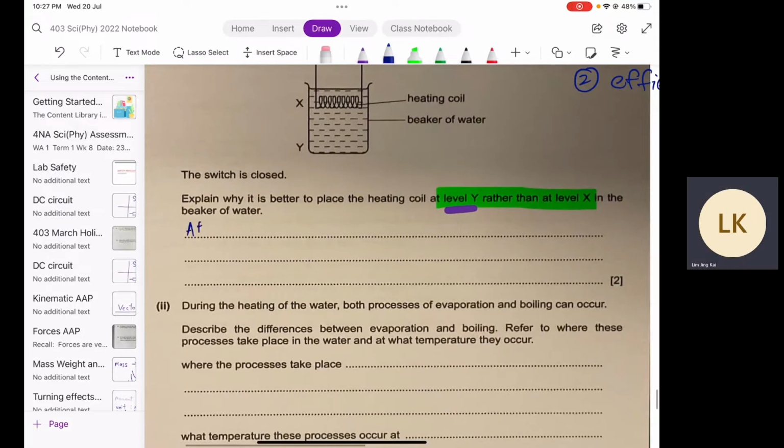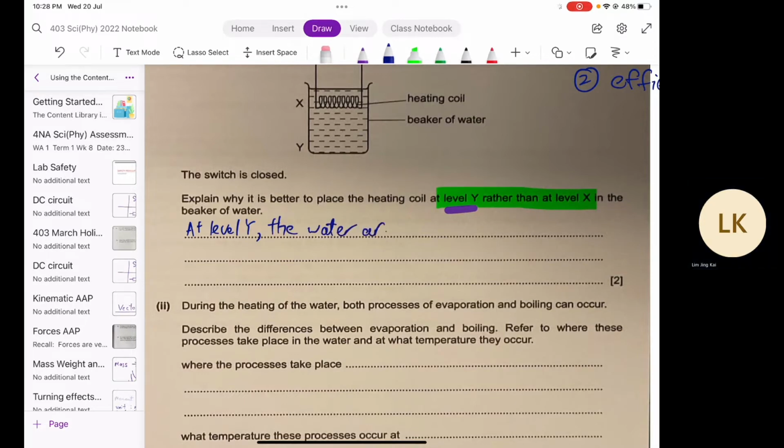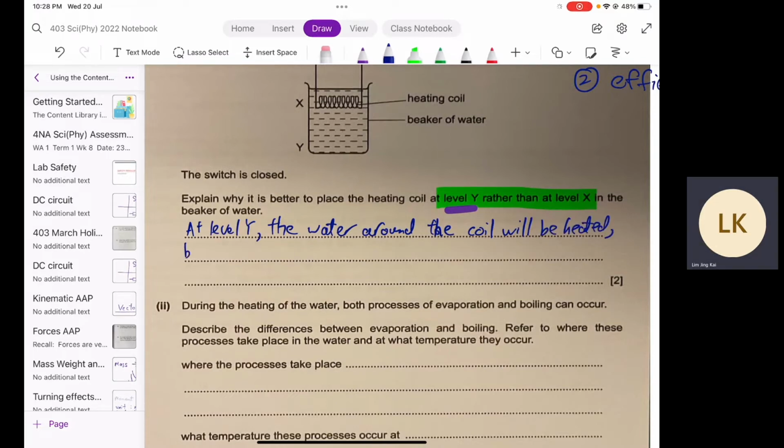At level Y, the water around the coil will be heated, become less dense, and rises.